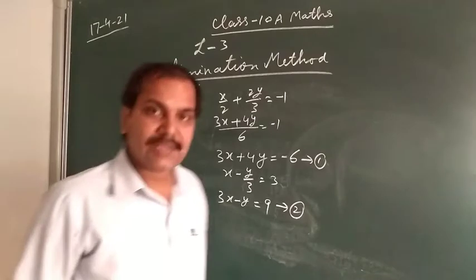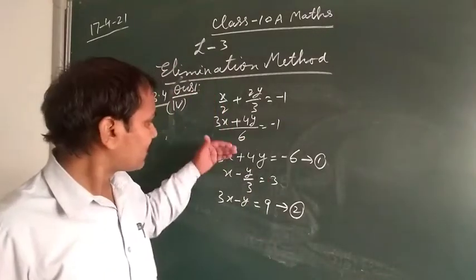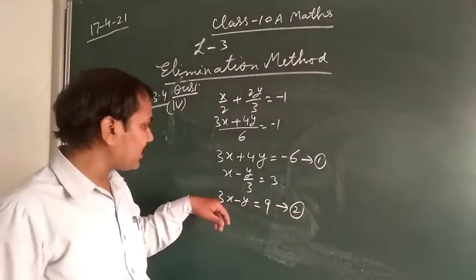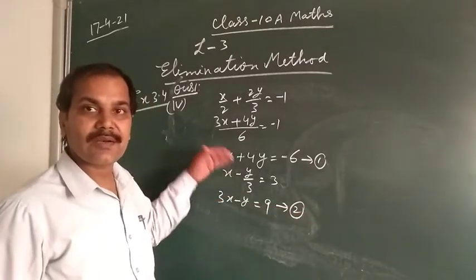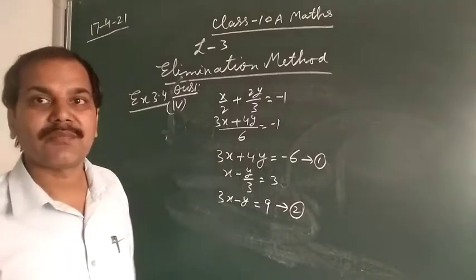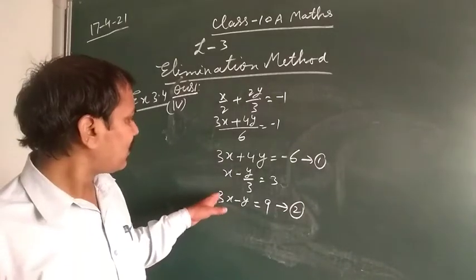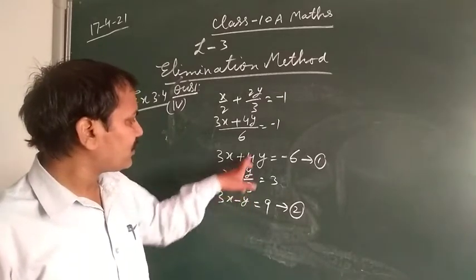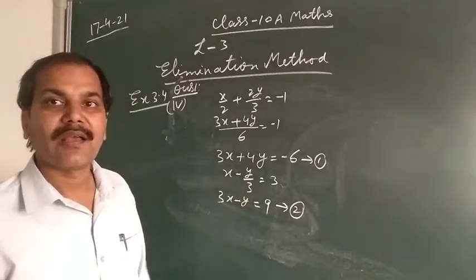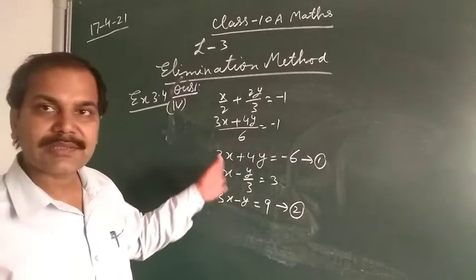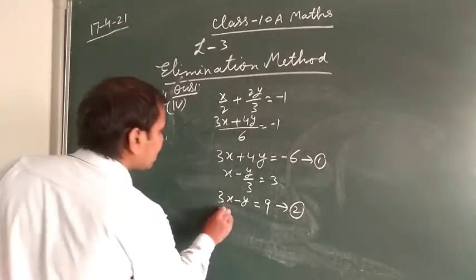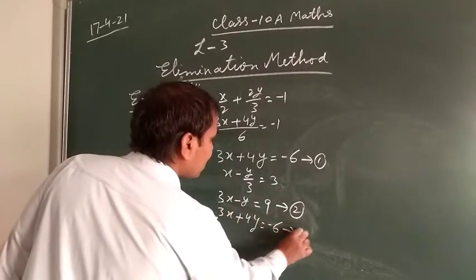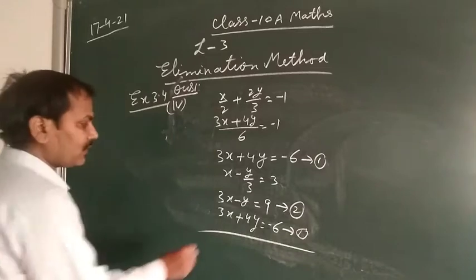And in some questions maybe you have to multiply both equations, by this coefficient in this one and by this coefficient in that one, then their coefficients will be the same. It is not necessary that by multiplying only one equation the coefficients become the same. Here the x coefficient is already the same, so subtract equation 1 from equation 2.